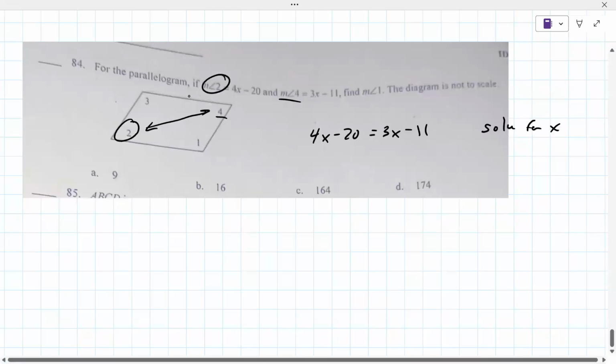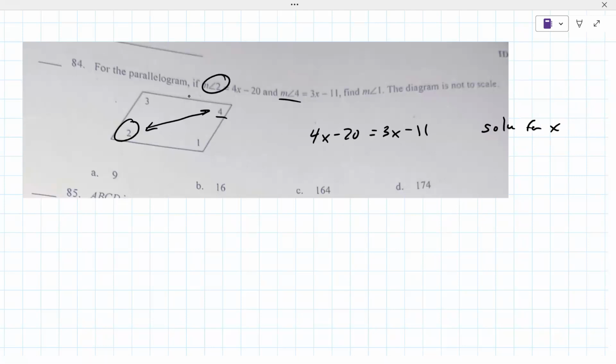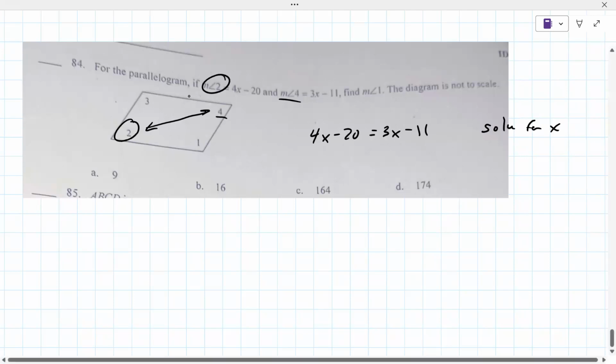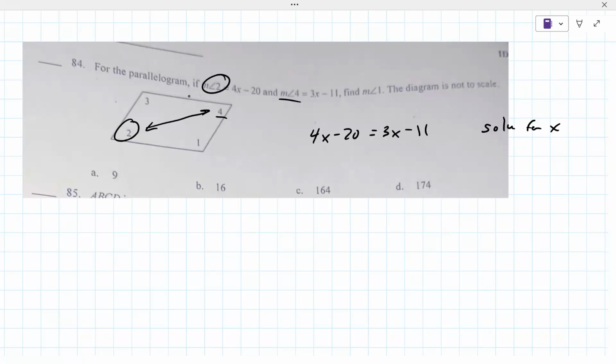Can you try solving that for x, please? I got x equals 9.